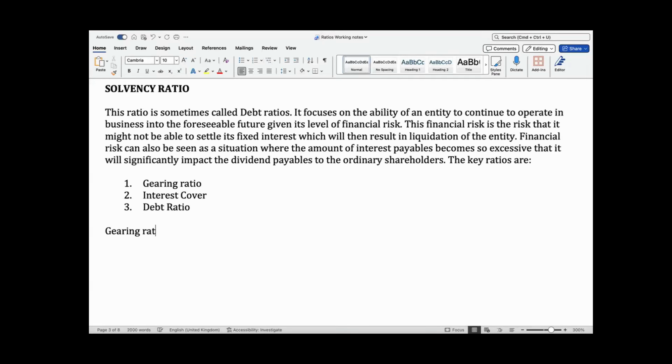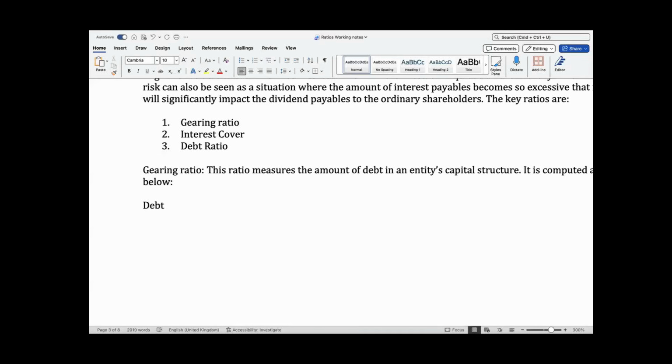And when you see gearing ratio, again, this ratio measures the amount of debt in an entity's capital structure. So what's the amount of debt in your capital structure? It is computed as below: fixed interest debt.